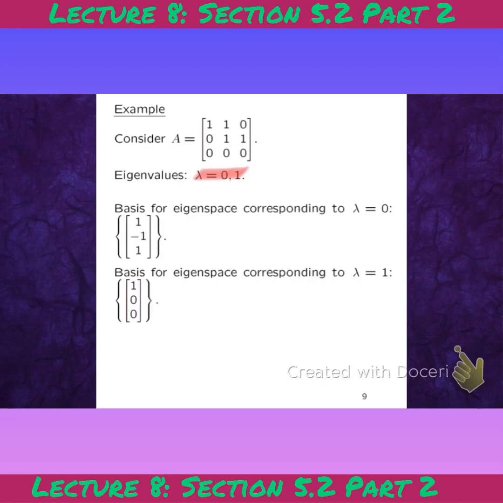And if you look at the eigenspace corresponding to lambda equals 0, and the eigenspace corresponding to lambda equals 1, then we see that in each case you've only got 1 vector. So if you throw those vectors together, that is going to be a linearly independent set of 2 eigenvectors.